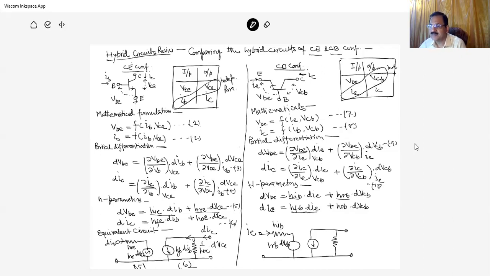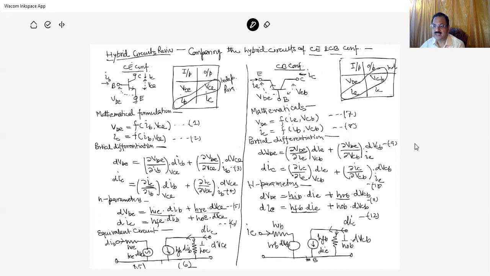This is hfb dIE, the forward current gain, and this is the admittance hob into dVCB. These are the two parts of the current dIC. So this is equation number 11 and this one is equation number 12. And here it is the common base configuration.